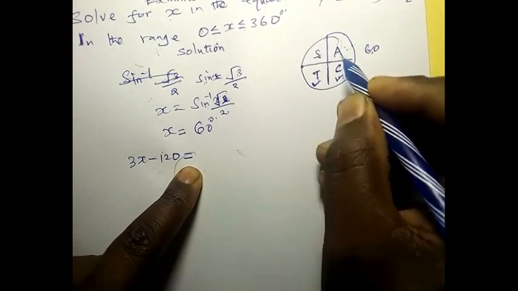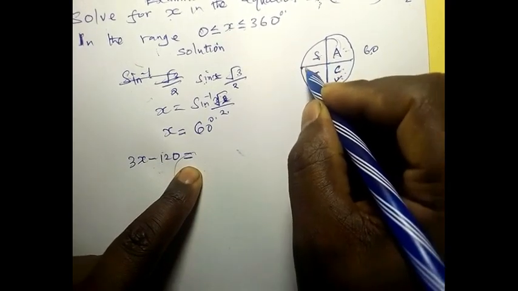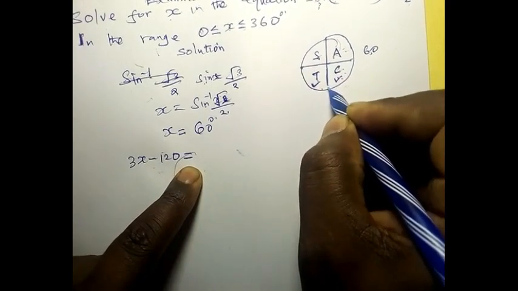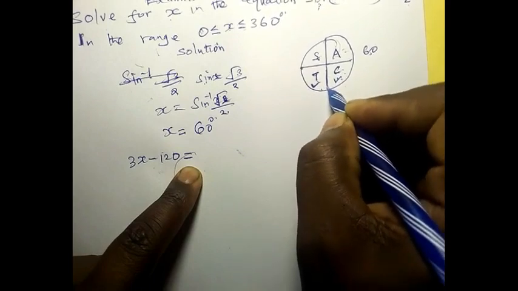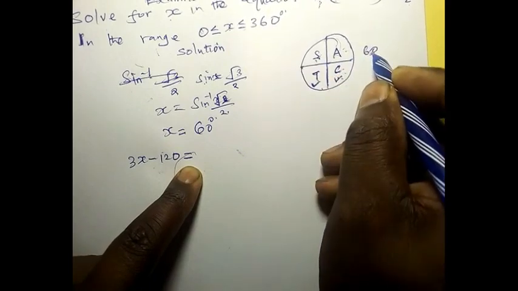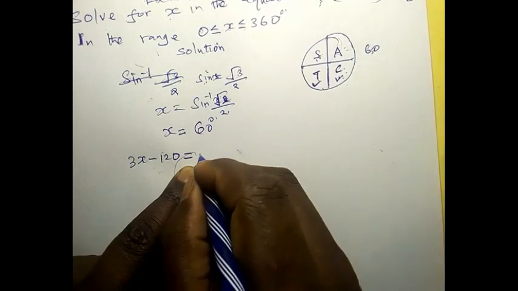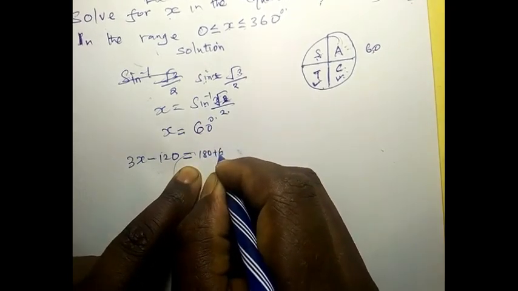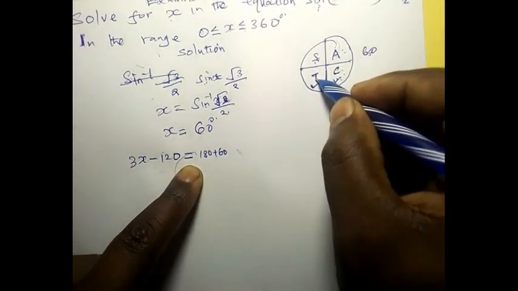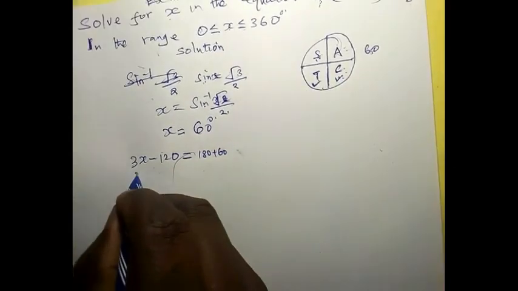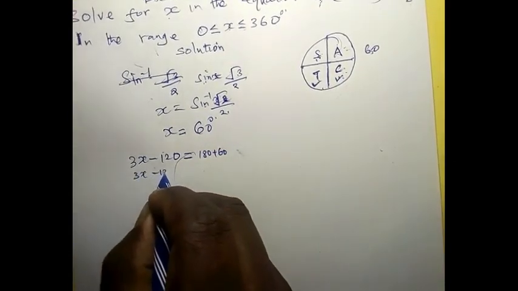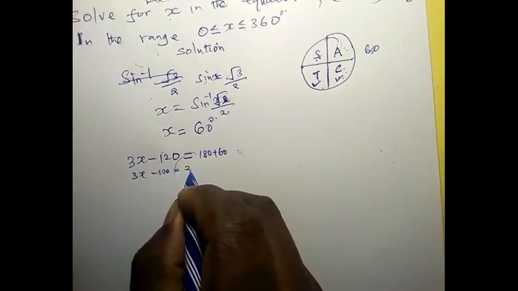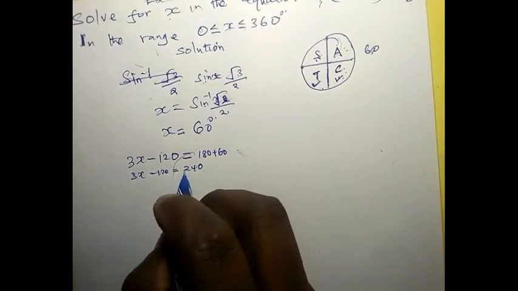How do you do that? From here it is 90, 180. We are coming to the third quadrant. How do you calculate the third quadrant? It is 180 plus theta. So here it is 180 plus 60. So it means that 3x minus 120 will be equal to 240, right?